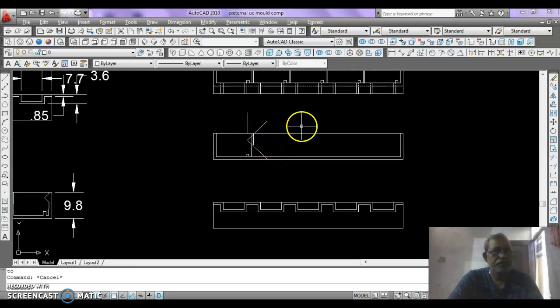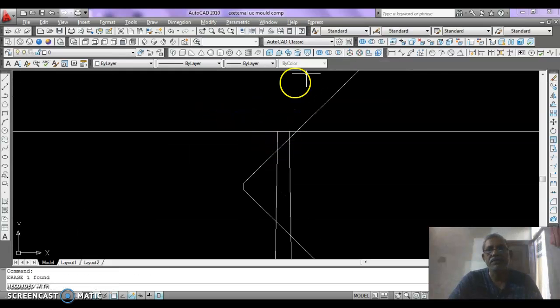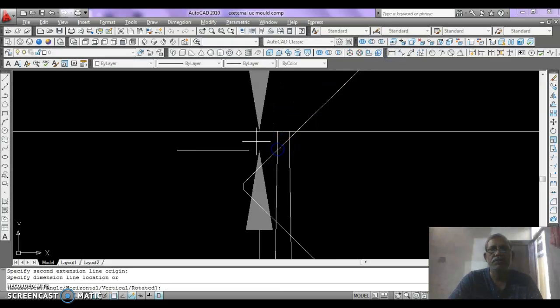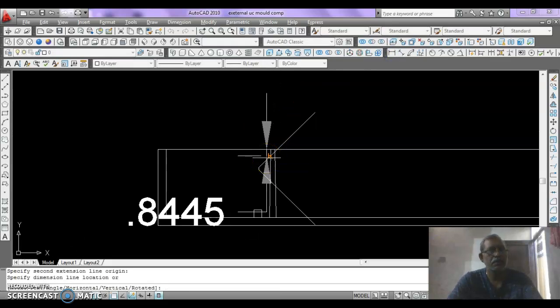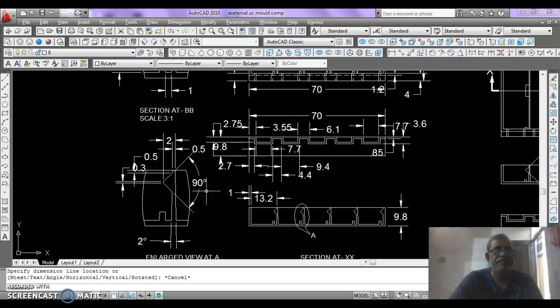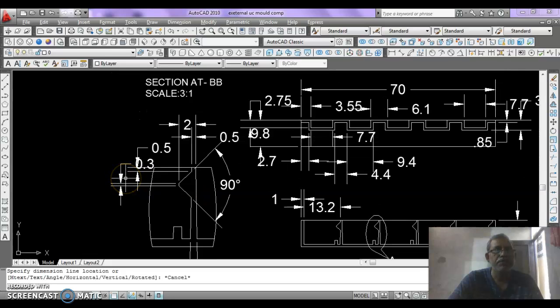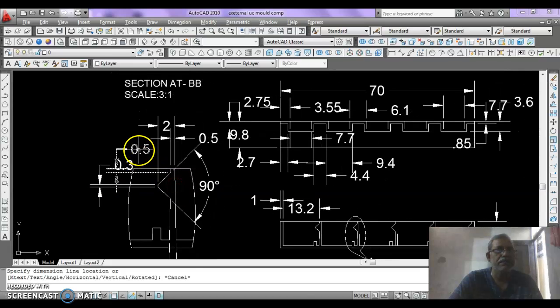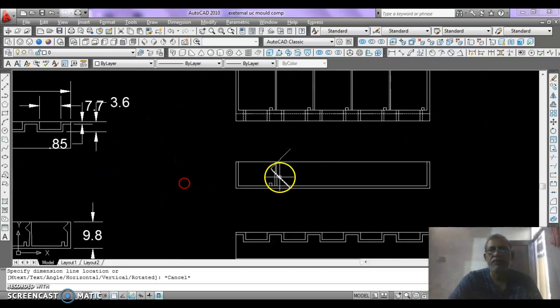Now we can check the distance here, how much this is required. It should be 0.5. Here is the distance 0.5.